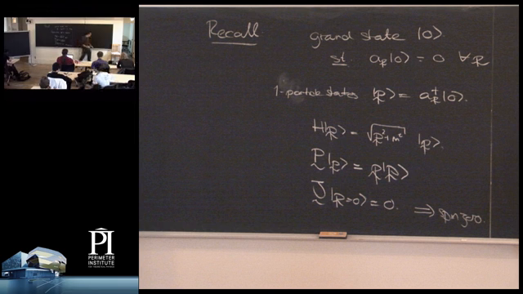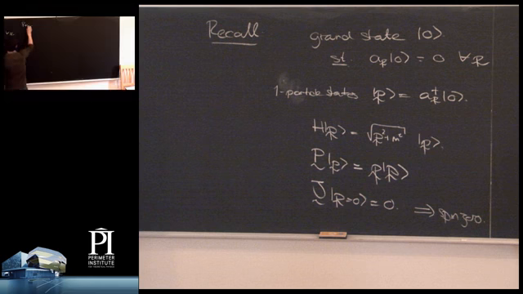No? OK, so there's a few things I just want to follow up on today. The first is important, but it's a little bit fiddly. It's a question of the normalization of these states.